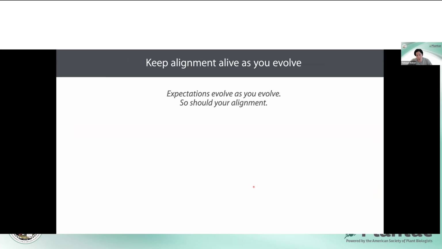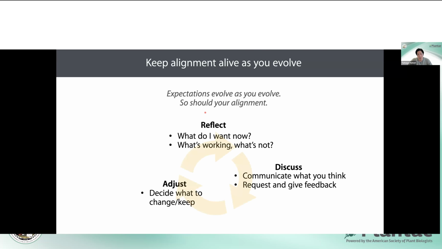And the third, to keep the alignment going. Your expectations would evolve as you evolve, so should your alignment. If you're starting a PhD and finishing a PhD, you should be quite a different person, a different scientist. So you will have different expectations, and you need to adjust what you need over time.